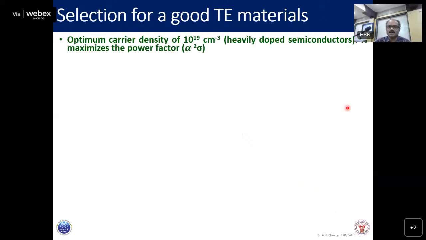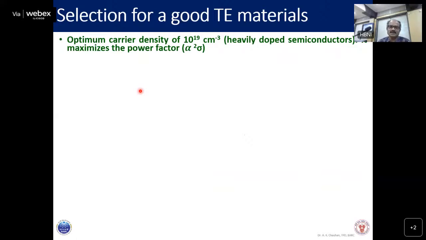Now, in order to select a good thermoelectric material, how do we select the optimum carrier density, or modify the materials to make it a good thermoelectric material? One thing that can be done is to optimize the carrier density. What is the carrier density? As we saw, it is the semiconductor carrier density. It can be electron carrier density or hole carrier density.